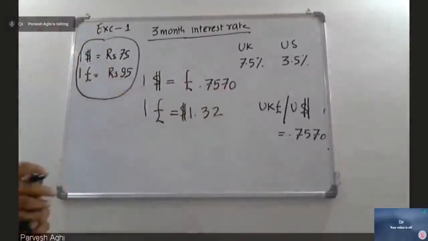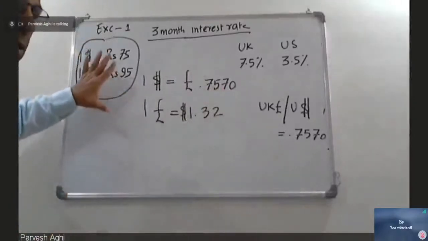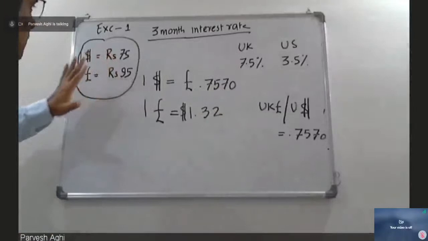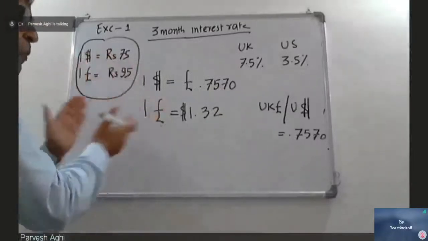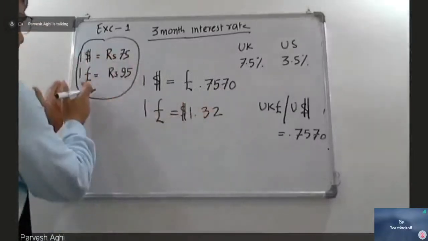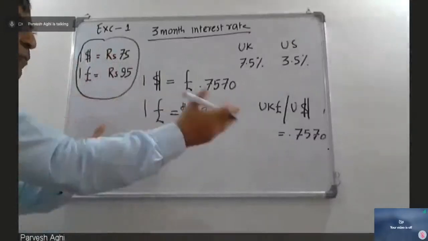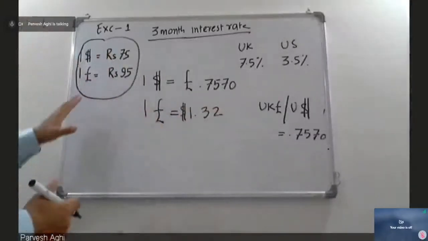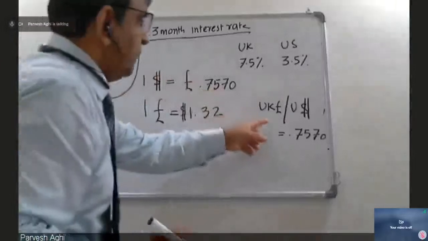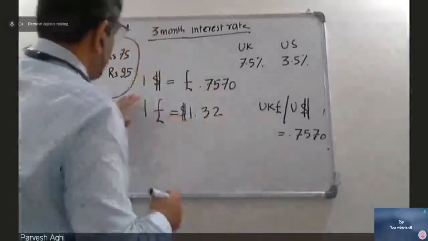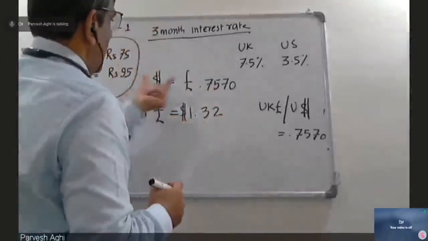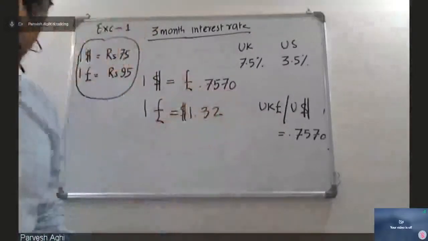So if you are aware of the current position, because the dollar has remained between 45 to 75 rupees and the pound has remained between say 75 to 100 in the last 7 or 8 years. So sometimes people put it wrong. They say 1 pound is equal to $0.7. So that would be the wrong way. Okay.